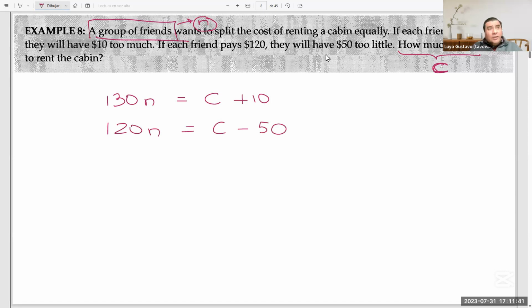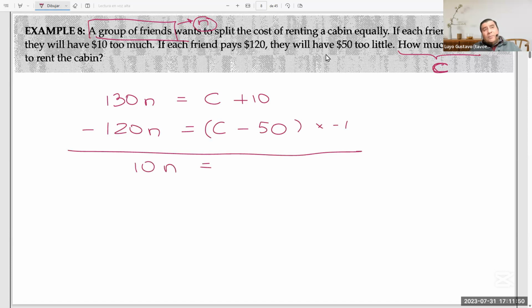Elimination, right? Multiply this by -1 and this also -1. So you have 10n. Here, multiplying by -1, you cancel this and this. Here, multiplying -1 by -50, you get 50, which plus 10 equals 60. So what is n? 6.